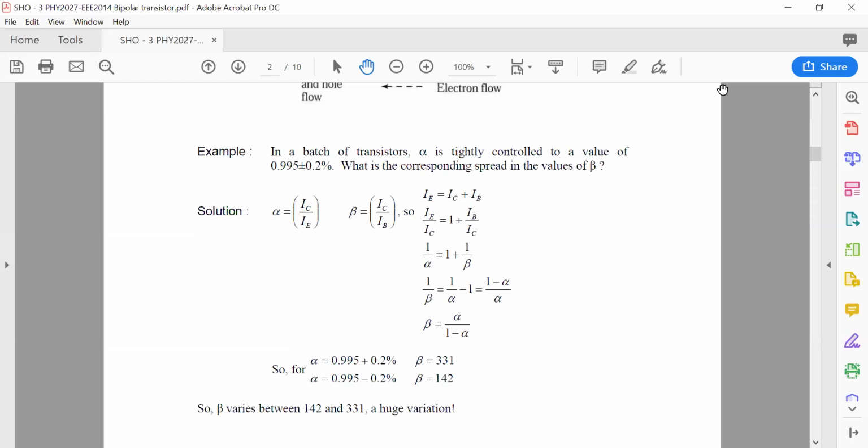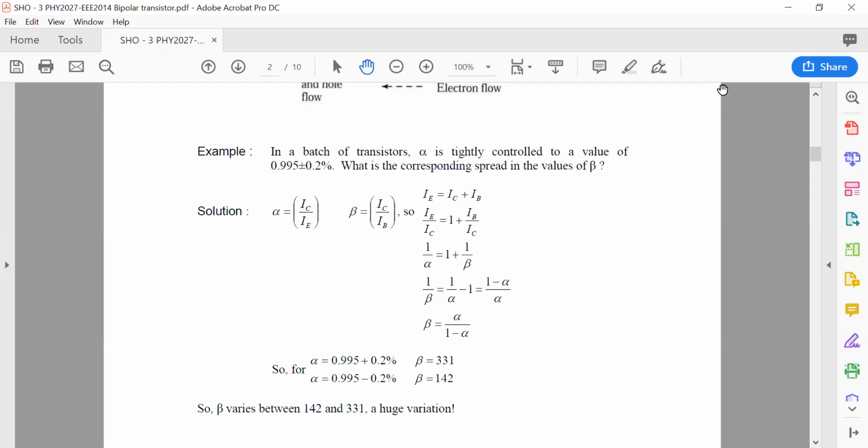We try and fabricate them such that they all operate in a similar way, giving the same output current for a given voltage or switch, and that way we can have devices that function as we expect. We've mentioned two of the key figures of merit or gains, and this is really looking at which one is the most important to monitor in order to control the performance.